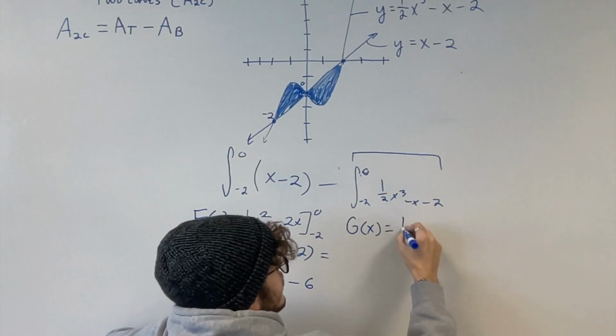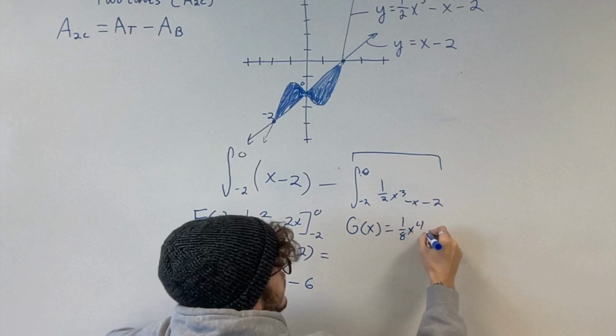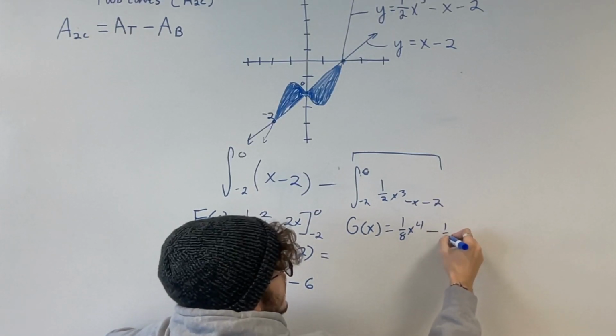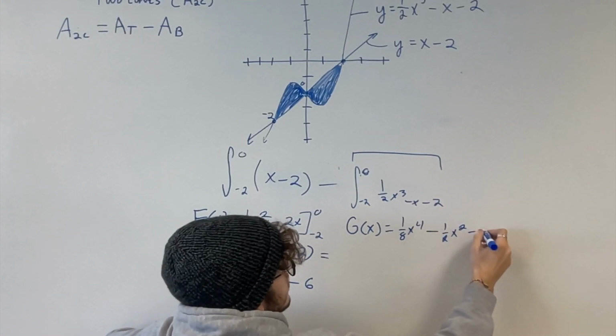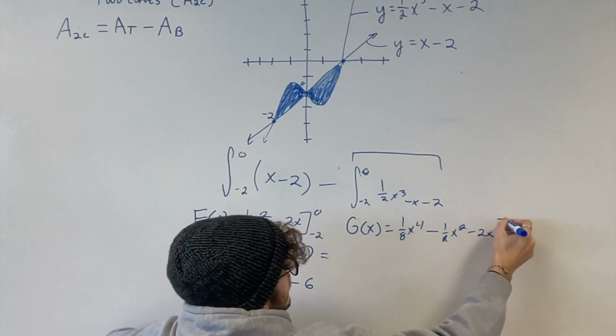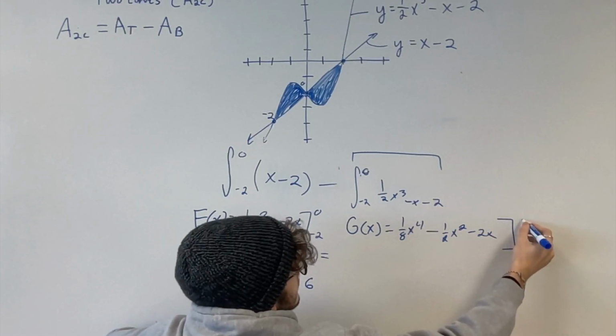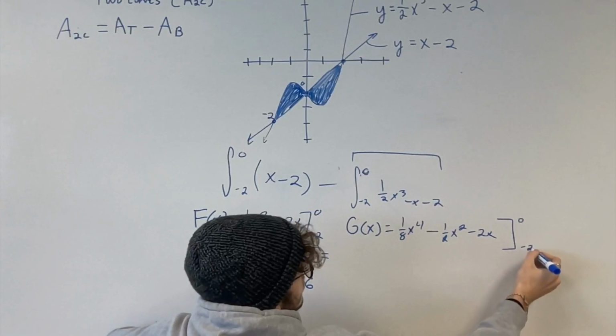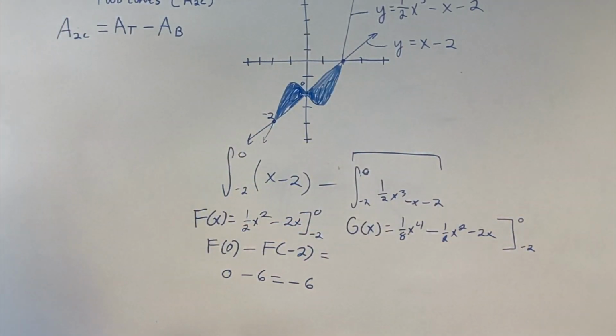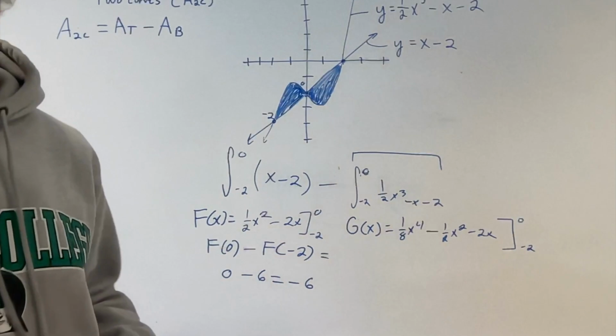So this is 1/8 x to the 4th minus 1/2 x squared minus 2x. And we're evaluating this in the definite range of 0 to -2. Okay, so we have that defined there.